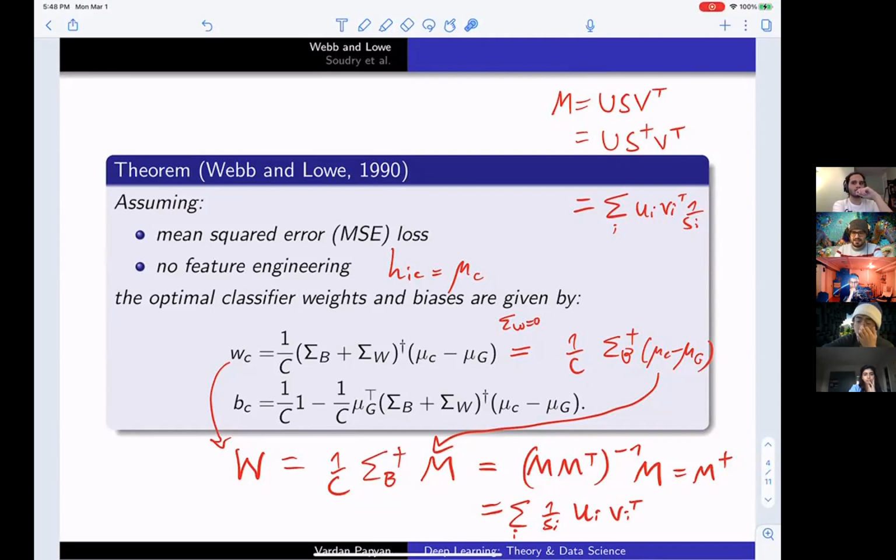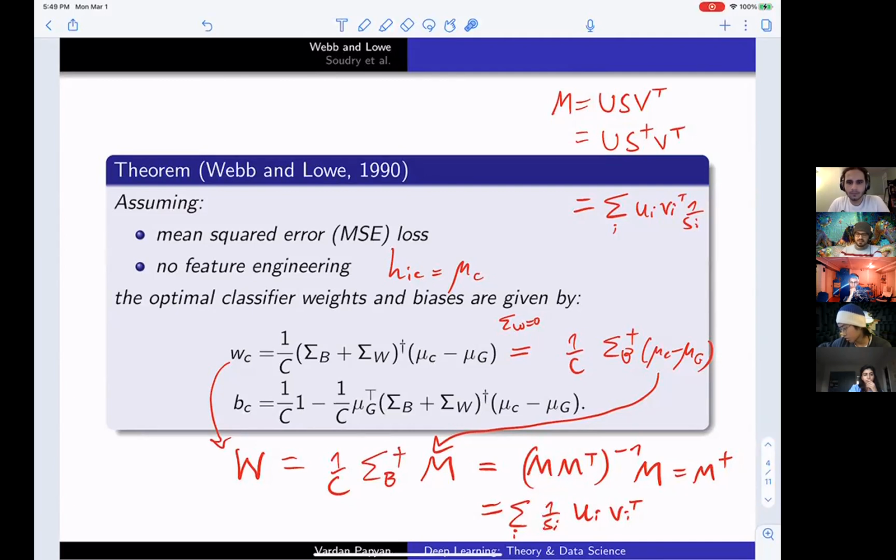All 1, says Neo. That is correct. So if all the singular values of a matrix are 1, then the matrix can be an ETF. So if it has C-1 singular values which are equal. So in this case, you have 1 over S, and S can be anything. It's just the singular values of the class means.